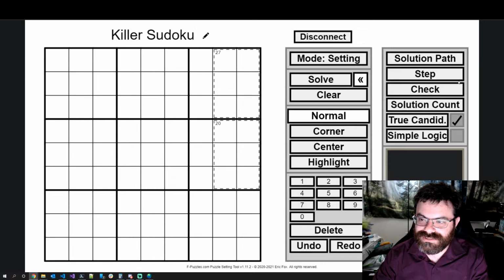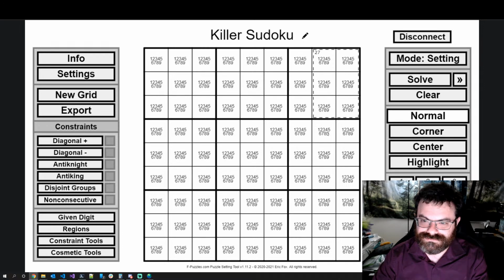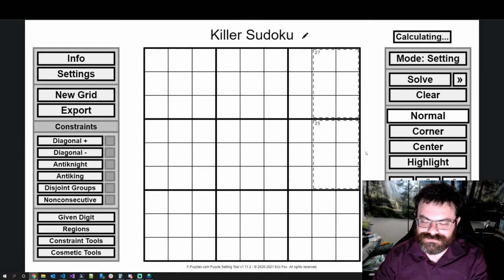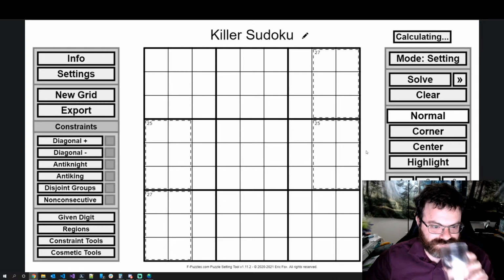Yeah, it does get slow with killer cages, and this should have a solution, right? Oh, it was 25. Right. And then we had a 27 down here and a 25 here. So we should get those triples appearing. But yeah, killer cages can be a bit slow.